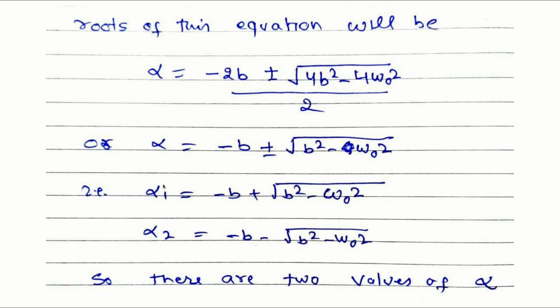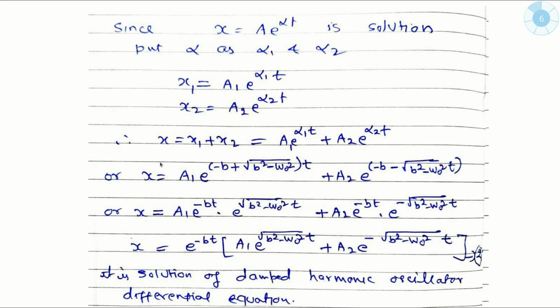So we will put these values in here. So x will be equal to a1 e raised to alpha 1 t, but alpha 1 is minus b plus under root of b square minus omega naught square into t, and alpha 2 is minus b minus under root of b square minus omega naught square into t.